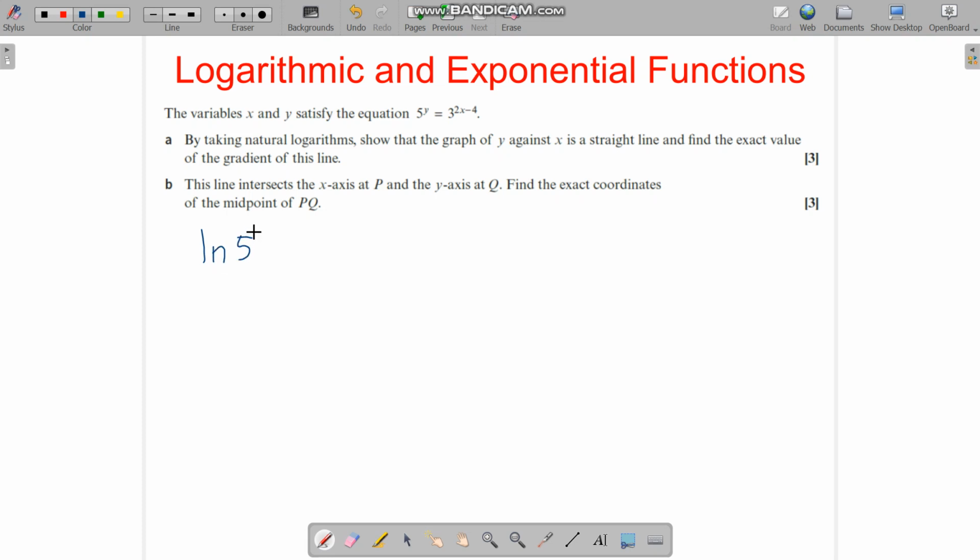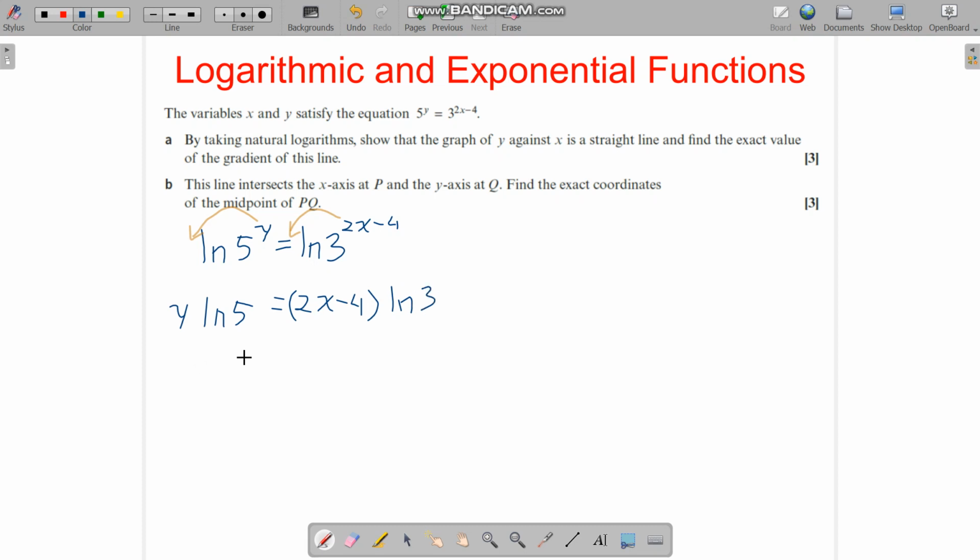Ln 5 to the power of y equals ln 3 to the power of 2x minus 4. So we have the power rule, we can bring it out of the logarithm. So we have y times ln 5 equals 2x minus 4 times ln 3.